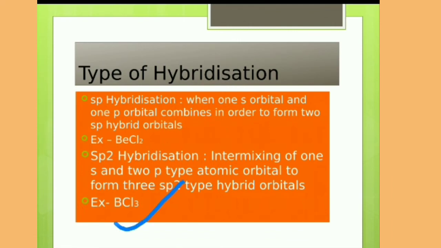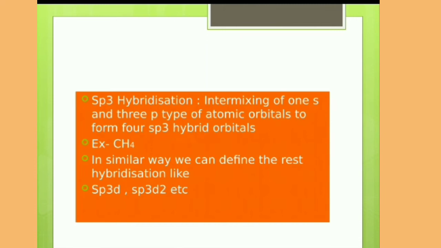The example of this is BCl3, that is boron trichloride. The next type is sp3 hybridization. It is intermixing of one s and three p atomic orbitals to form four sp3 hybrid orbitals. Examples are CH4, CCl4, NH3, H2O; we can take many examples.